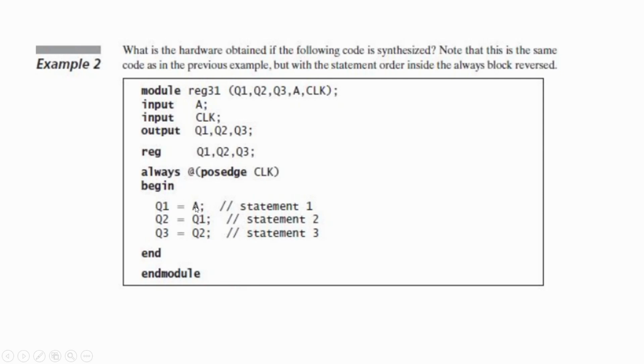Q1 will be executed first, and Q2 and Q3 will not be executed separately, only the value of Q1. So if there is no input signal A, there won't be a Q1, right? Let me show you.